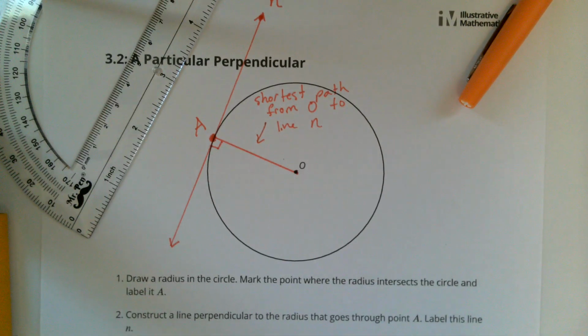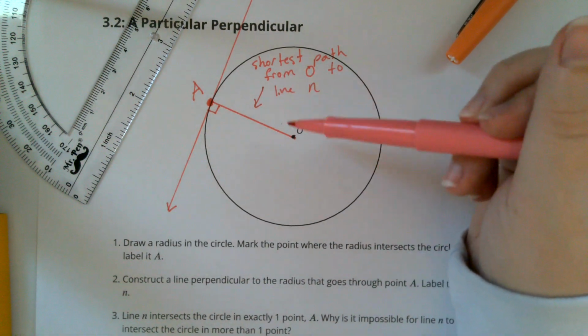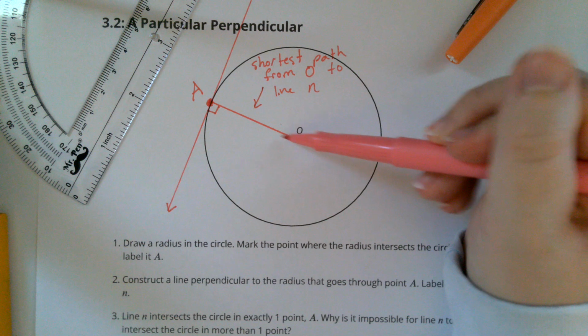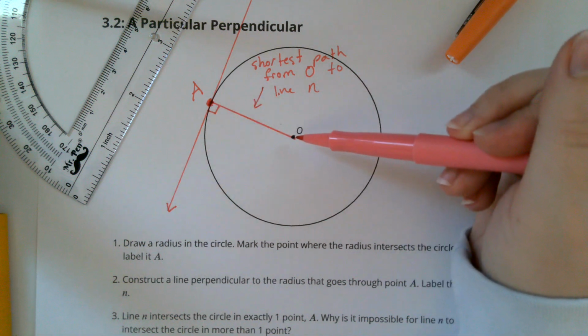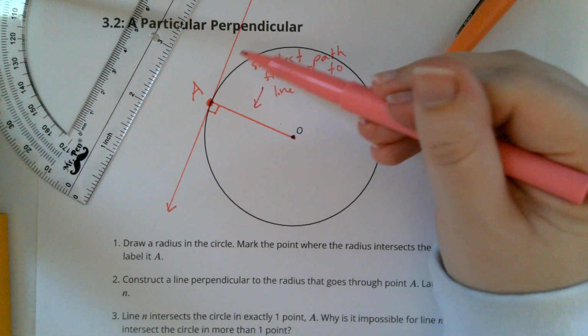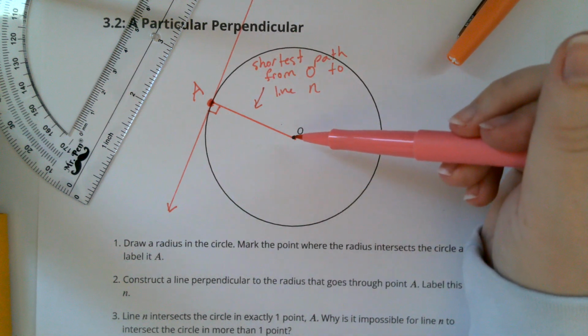So what does that have to do with knowing that this line is not going to intersect the circle at more than one point? Well, if this is the shortest path and A is on the circle, all the points that make up a circle are all the same distance from the center, right?